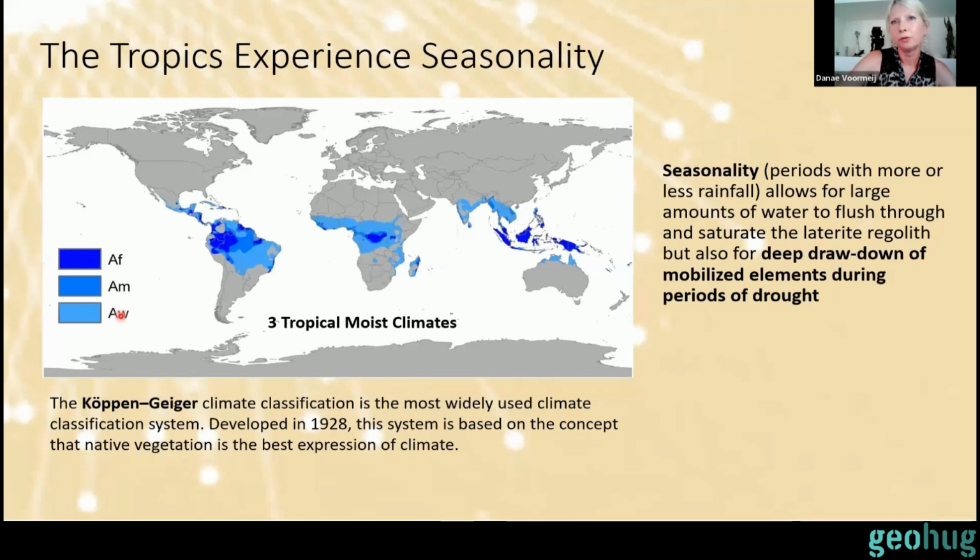And then the Aw, which is the tropical savanna. And you can see the rainforest centered here around the Amazon, around the Congo, and in Indonesia. Whereas the monsoon is more along the trade winds. And then the savanna is in sub-Saharan Africa and in parts of Brazil, for example. So we're going to briefly look at each of these.